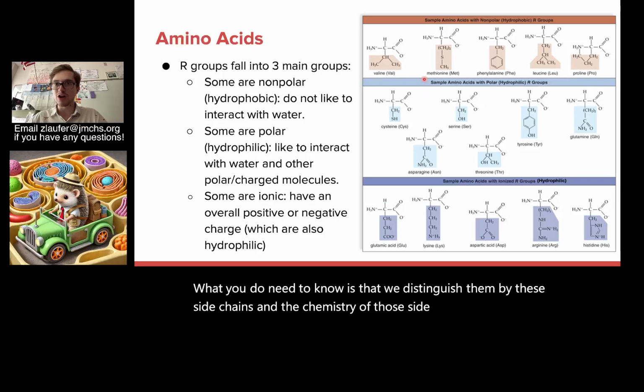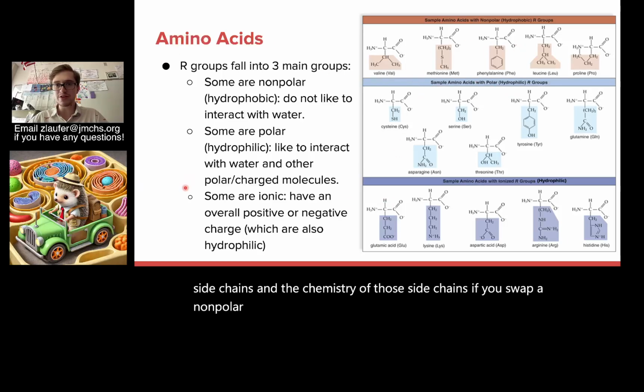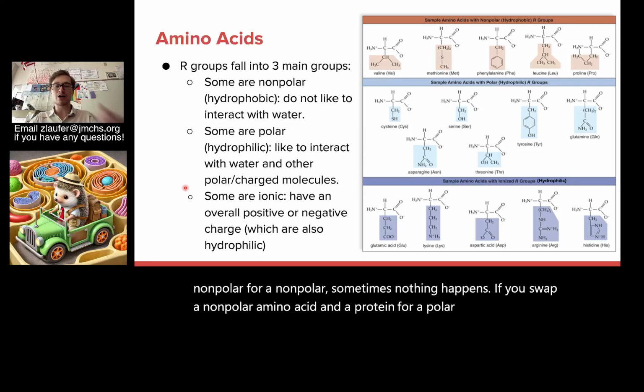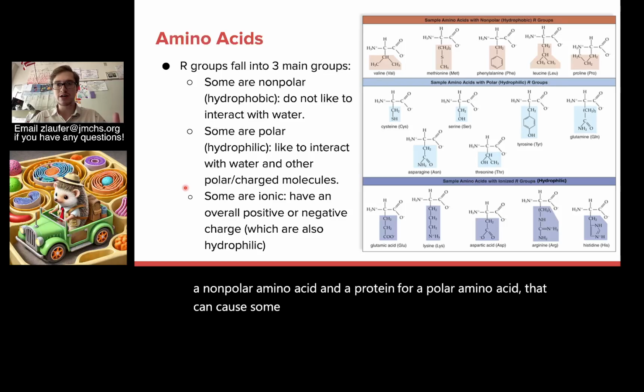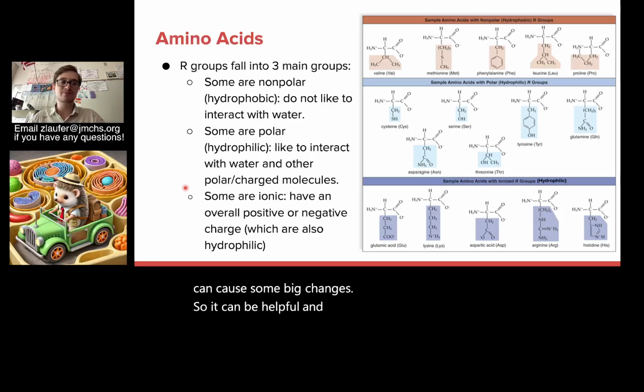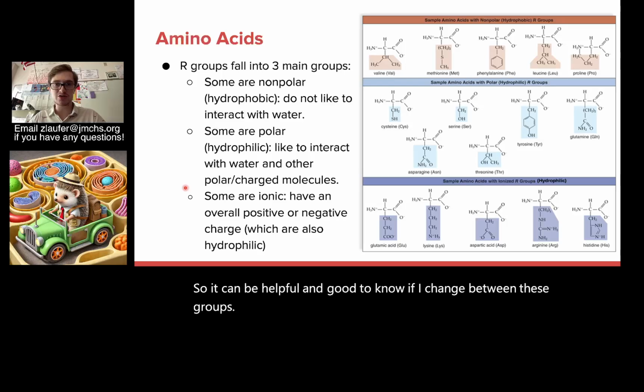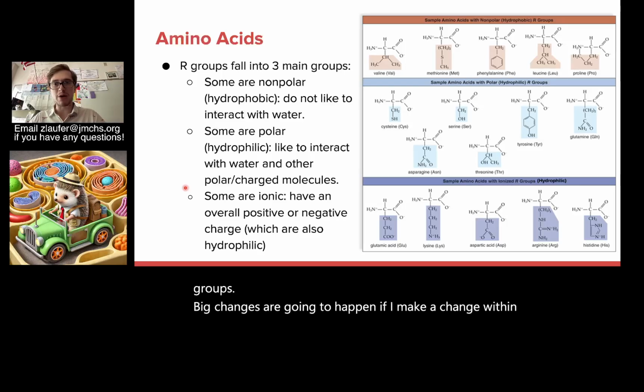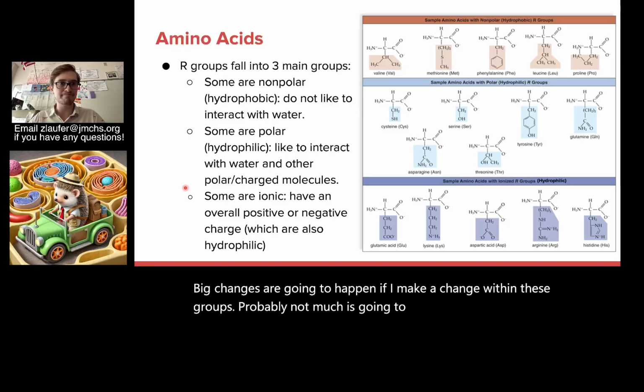If you swap a non-polar for a non-polar, sometimes nothing happens. If you swap a non-polar amino acid in a protein for a polar amino acid, that can cause some big changes. So if I change between these groups, big changes are going to happen. If I make a change within these groups, probably not much is going to happen chemically.